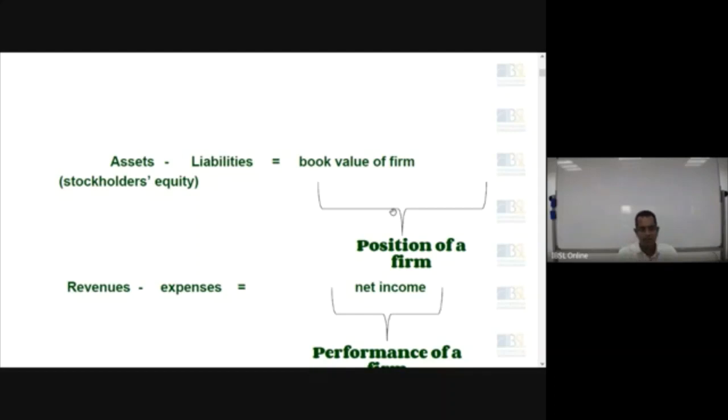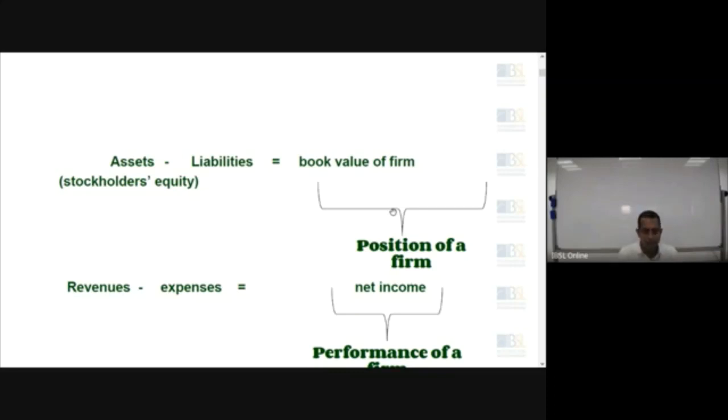We look at the financial position on a day. It is a snapshot. What is the financial position of a company today? What are their fixed assets? What are their current assets? What are their current liabilities? Right? That is the financial position.